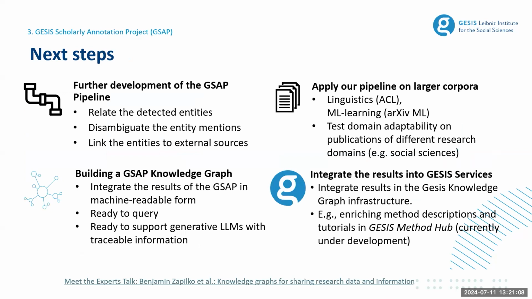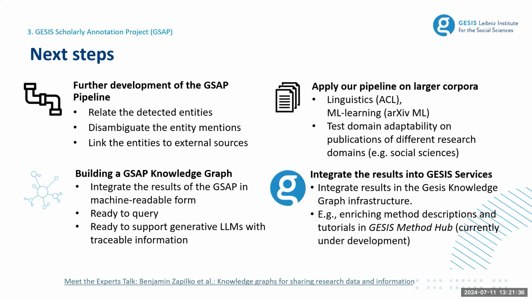The next step for our project is to further develop the GESIS pipeline, which is to relate the detected entities with each other, disambiguate the entity mentions, and link the entities, and to apply the pipeline on larger corpora for linguistics like the ACL ontology and a huge subset of arXiv, namely in the category of machine learning.